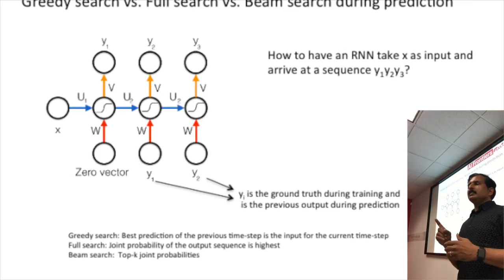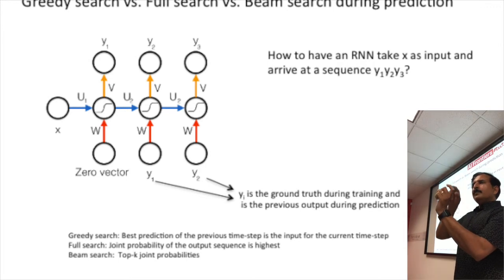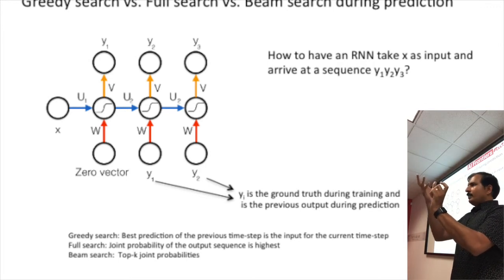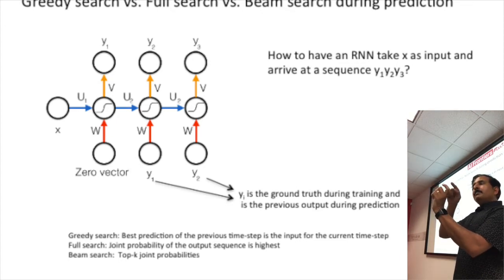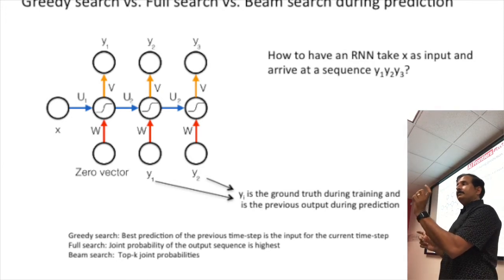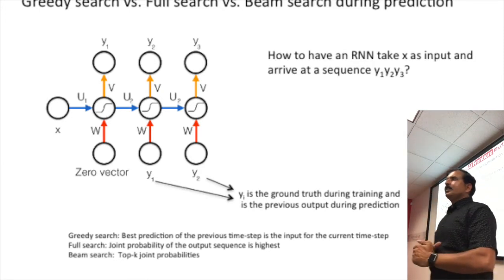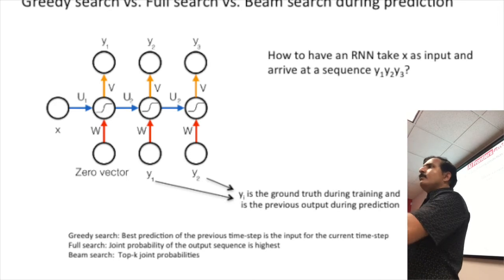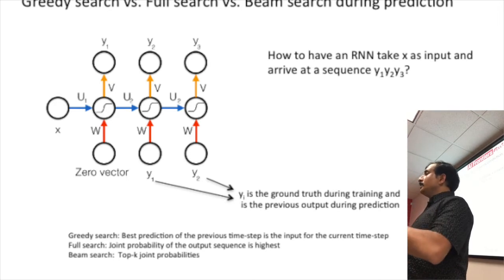In such cases, the first word, let's say probability of P1, but the second word and the third word, the joint probability of your sequence also has to be high. Let's say the first word is bank.